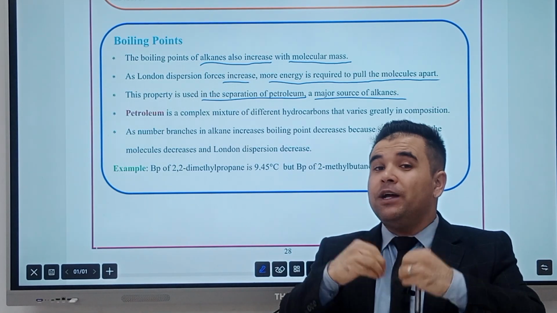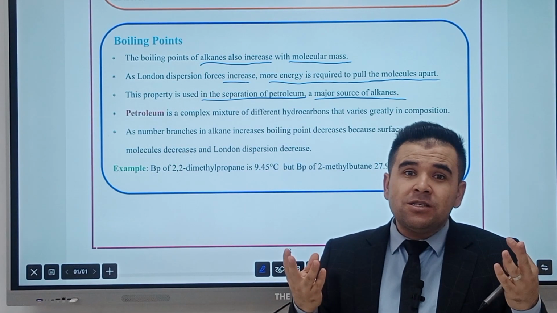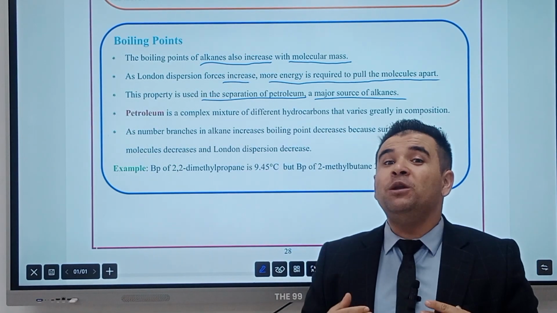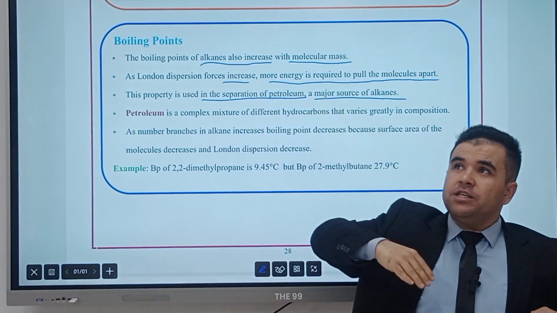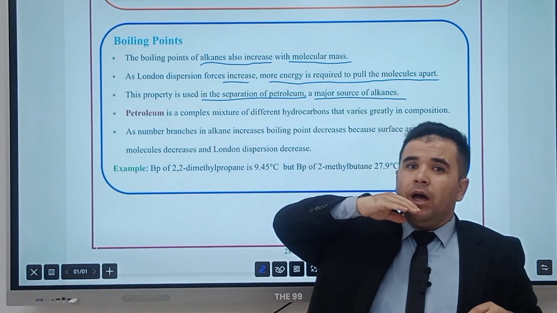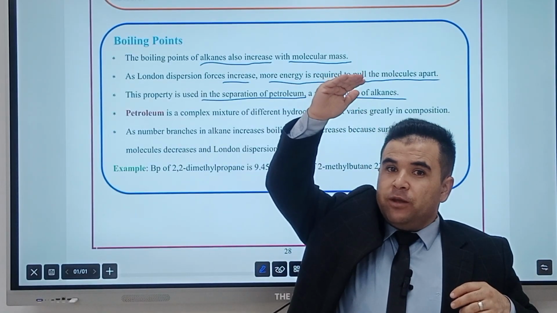How to separate the petroleum into the different components? Based on their boiling point. In refinery, there is a distillation tower. The distillation tower is arranged tray by tray.